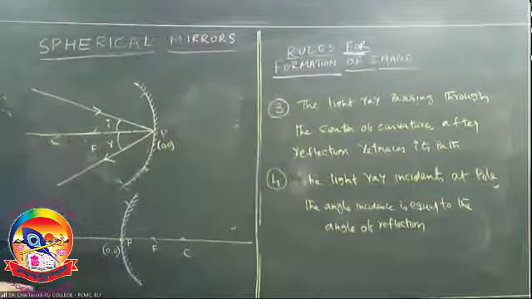These assumptions are correct when the angles are small. Then sin theta can be taken as theta, cos theta is equal to 1, and tan theta is equal to sin theta, equal to theta.